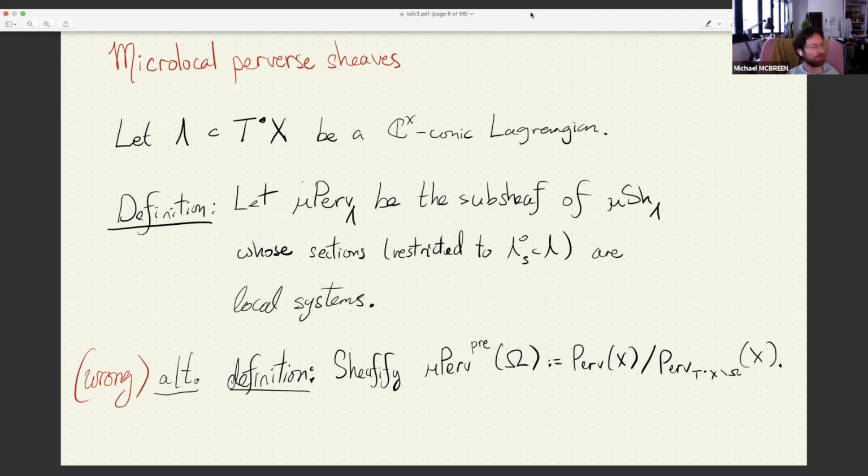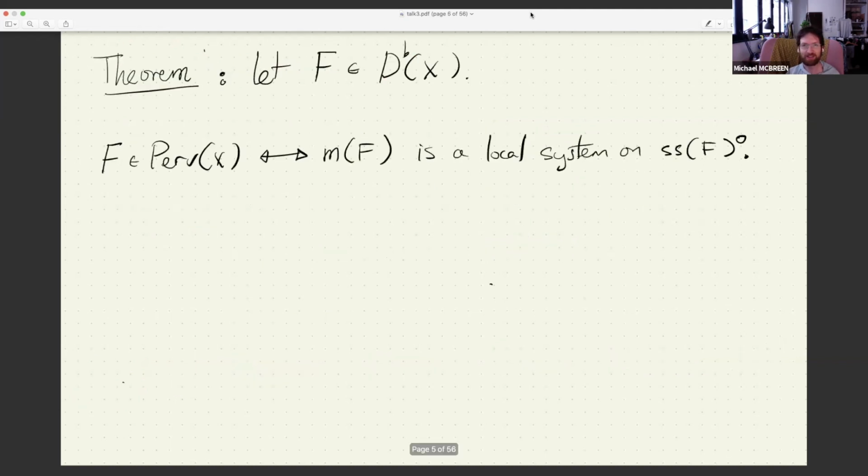And Jordi also had some question about shifts, and why there are shifts in the definition of our microstalks. And I gave some answer of dubious wisdom. I think one could actually just, as Riemann pointed out, get rid of these shifts. So you don't need to think about these shifts at all.